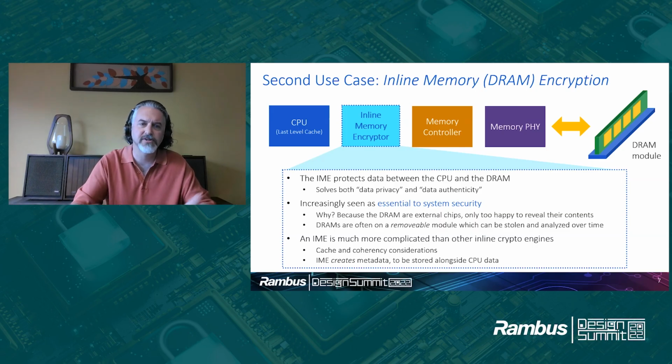Again, obviously, it's protecting the data between the CPU and the memory, solving both the data privacy and data authenticity parts. It's essential to the system because, as I've shown in this, the DRAM module is removable, and it's meant to be removable.